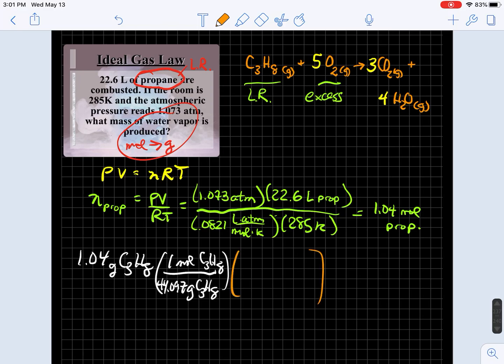Now, once I do that, then I can use the balanced equation. According to the balanced equation, 1 mole of propane is going to yield 4 moles of water vapor. And then once I know the moles of water vapor, I can use periodic table again to convert that to grams.